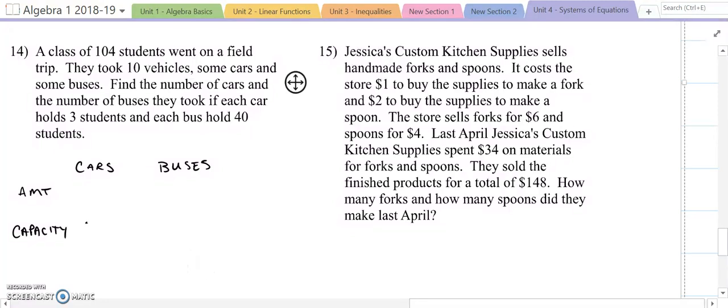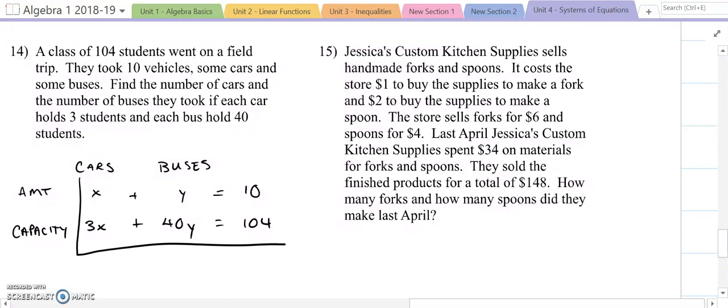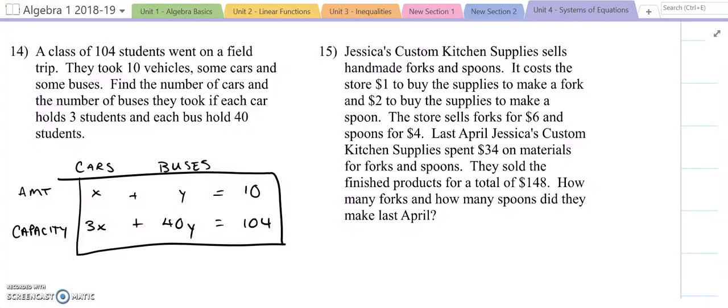A car is worth 3, a bus is worth 40, and there's 104 total students. I don't know how many of each there are yet, because all I know is the total has to be 10. Easy to solve. I mean, yeah, you're going to get some numbers, but the process is something that you know.